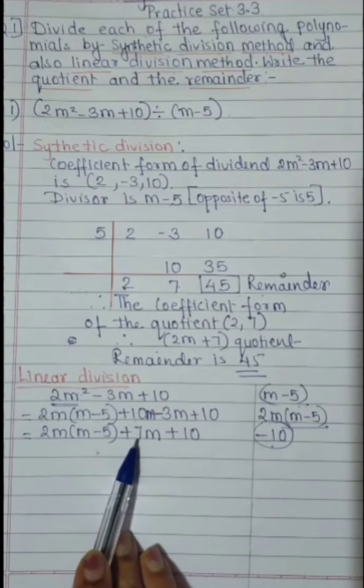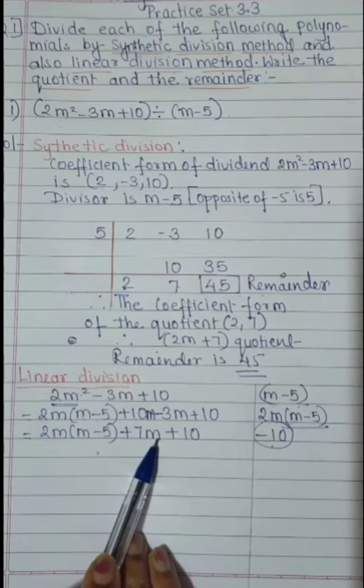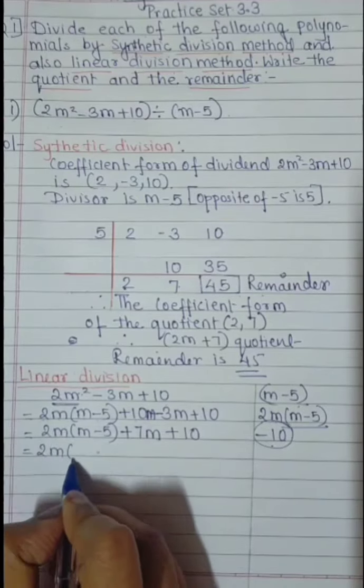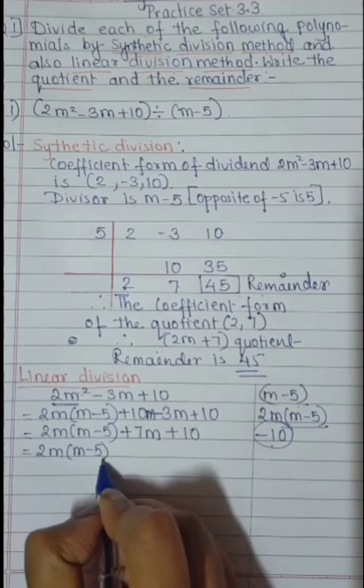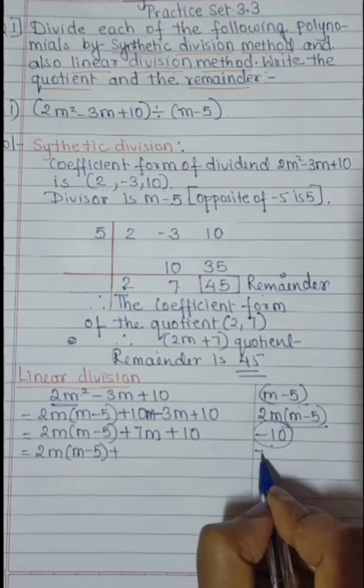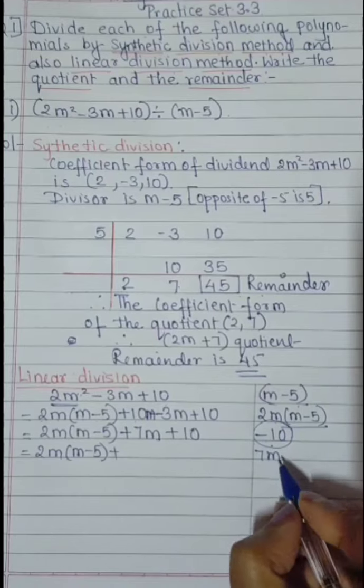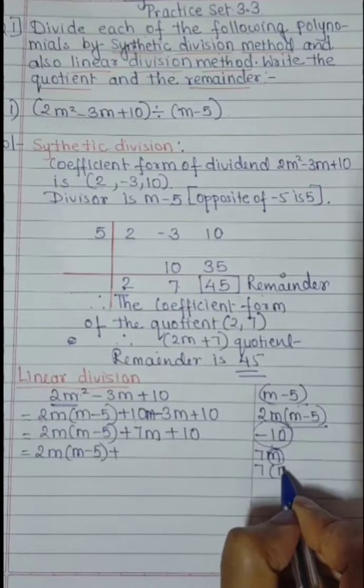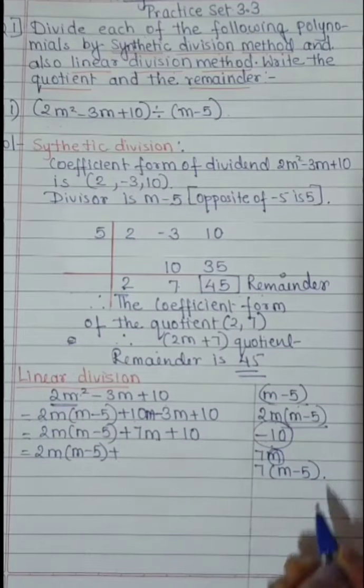Here again we got 7m. Now we will multiply this 7 with m minus 5.